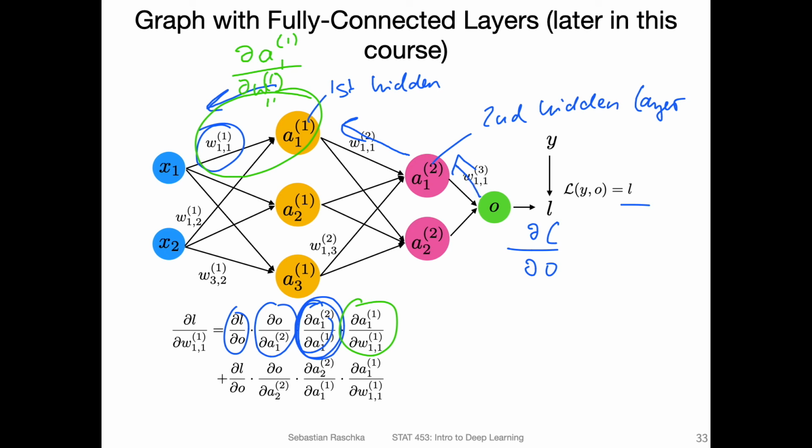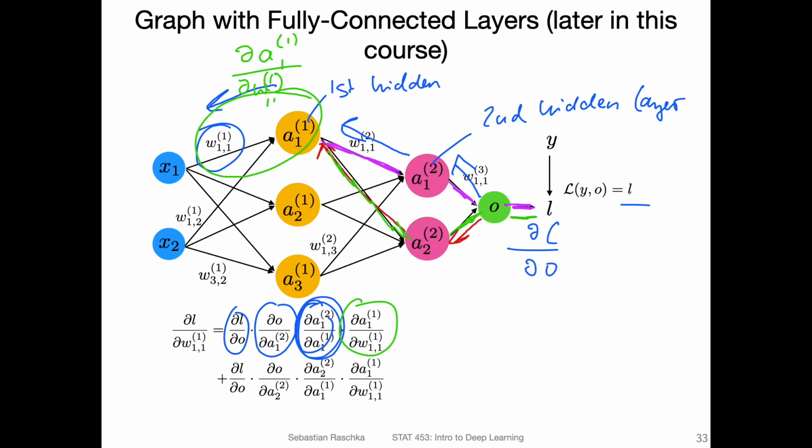Oh, sorry, what I said was wrong. The second path would be this one and this one. See, it's actually not so easy to see what is going into here. So this would be the second path if I use a different color, let's say pink for the forward here. So you can see this one and this one is one path, and the other one is this one, and this one, and this one. So they both go in there.